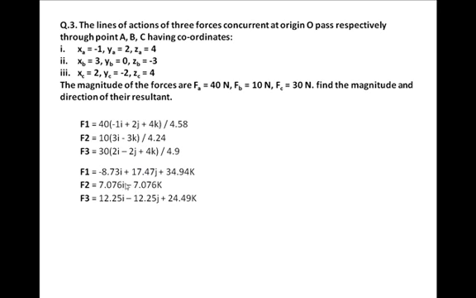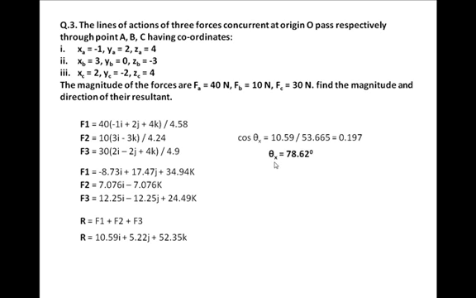We simplify this, and then we take all the i components, j components, k components and add up. So we get R, the resultant force in vector form. And once you have the resultant in vector form, its magnitude and direction are easy to find.